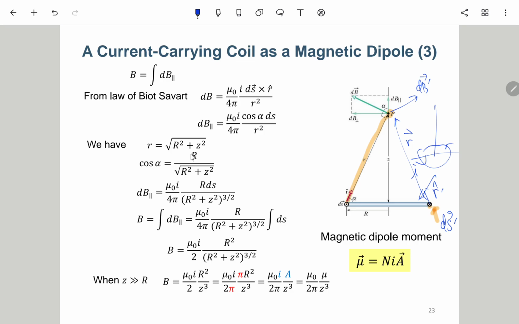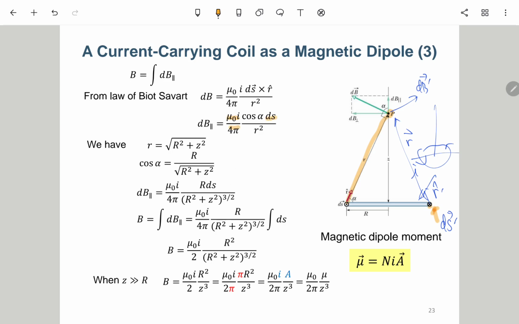Okay, so cosine of alpha is like this, and here is dB parallel. So we can just plug this into dB parallel. So we have mu naught I over 4 pi going here, and ds is placed here.